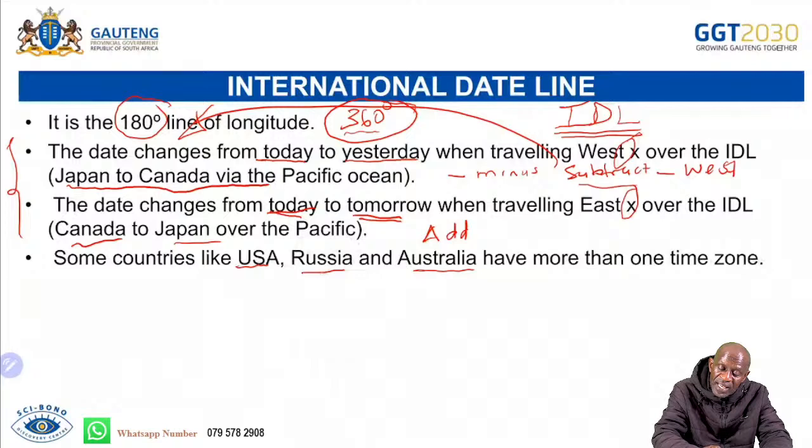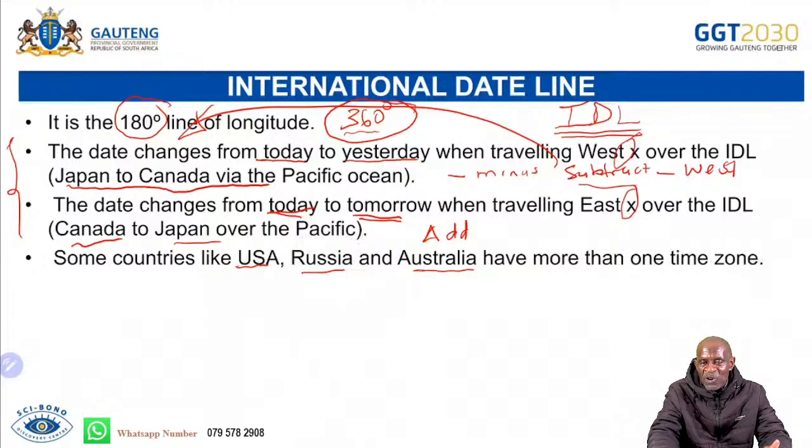Russia has plus minus 9 time zones because they occupy a vast area that cuts across so many time lines, so many lines of longitude. So basically making it difficult for them to conform to one local time.